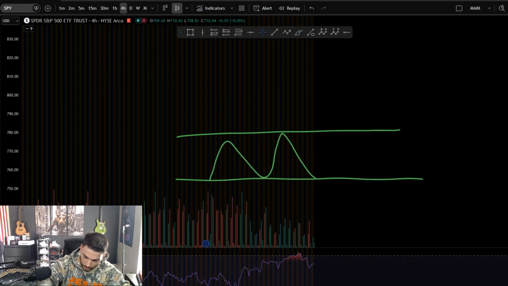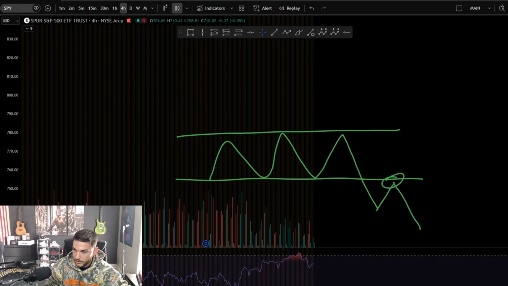We're either going to break up and then come back, use this as entry and go, or we're going to break down, use this as entry and continue. So it's just like that. Just keep it very simple with your support and resistances. Don't make it anything crazy.